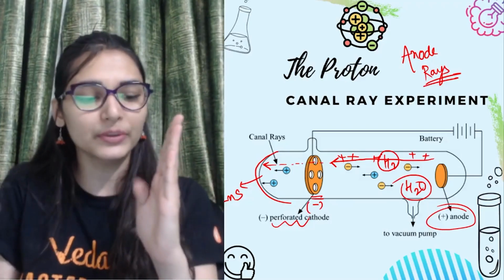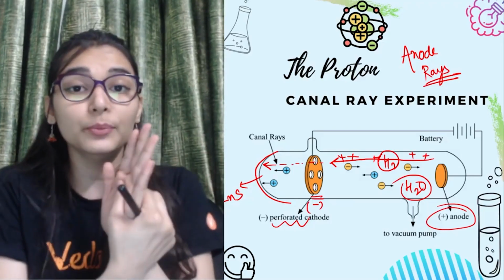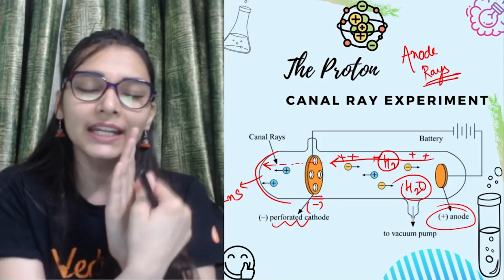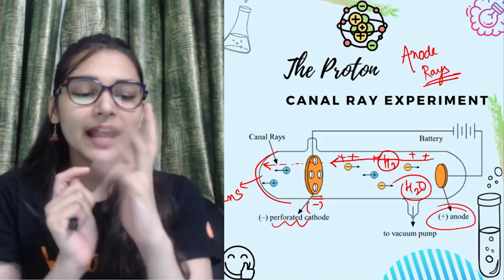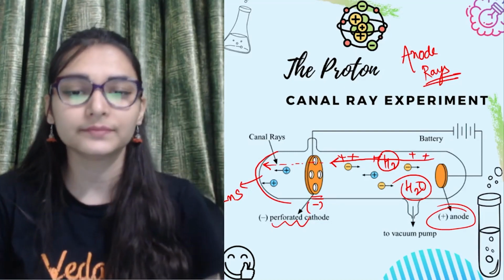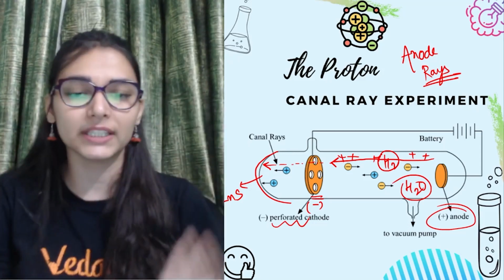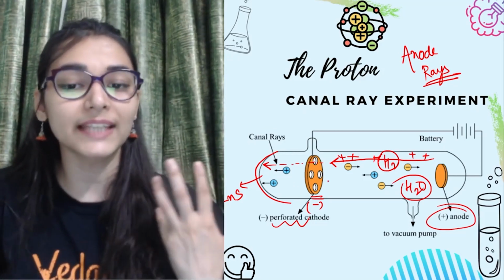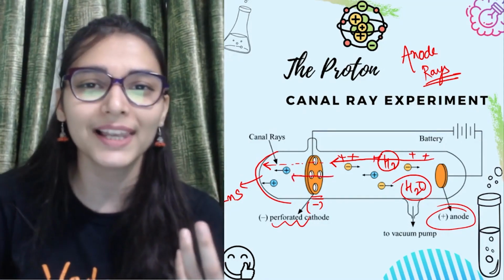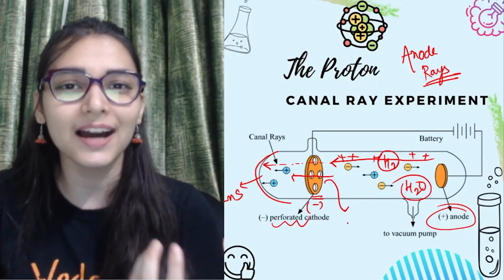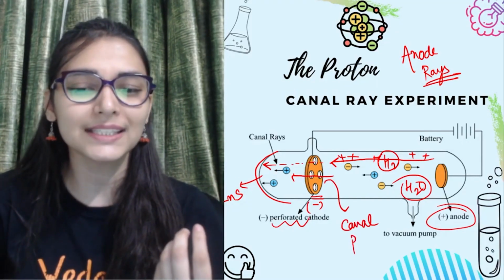Otherwise they might stick there and not be able to cross the cathode and hit the zinc sulfide screen. That perforation also increases the surface area, and it seems like something passing through a canal. So these rays are also known as canal rays.